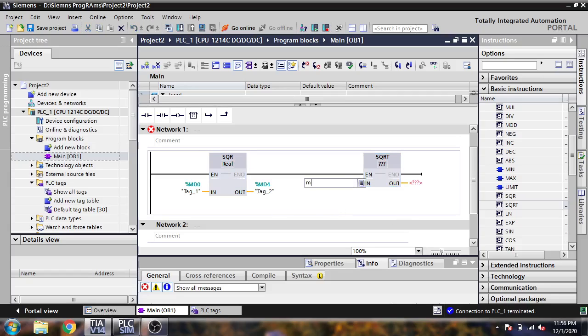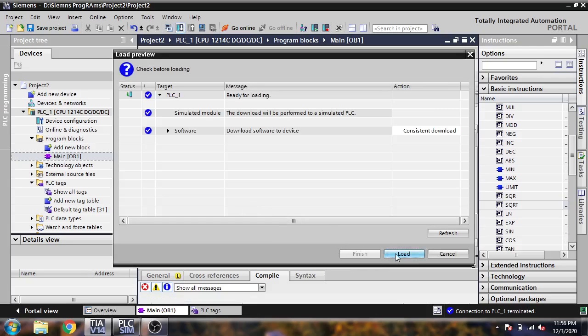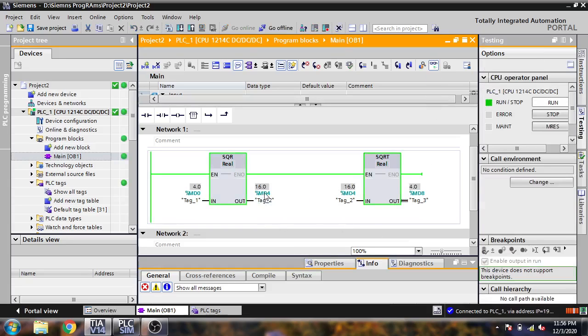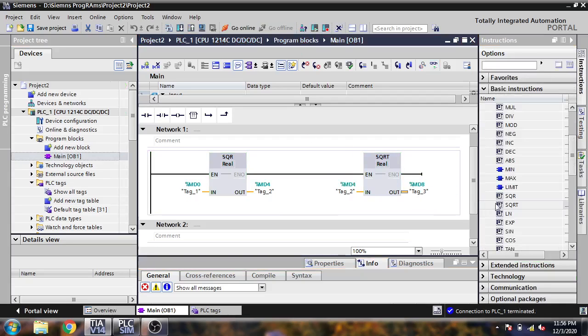Now I'm using MD4 there and I'm using MD8 there. So you will see it will give us a square root. So I'm just again downloading into my PLC and going online. You will see the square of 4 is 16 and the square root of 16 is 4. So that's how these are going to run.